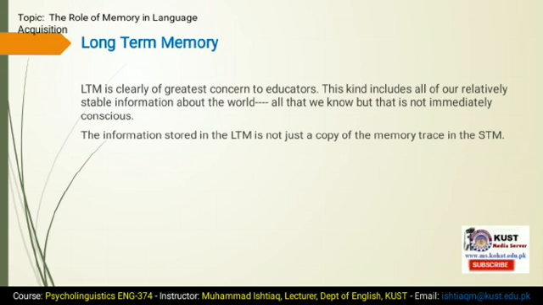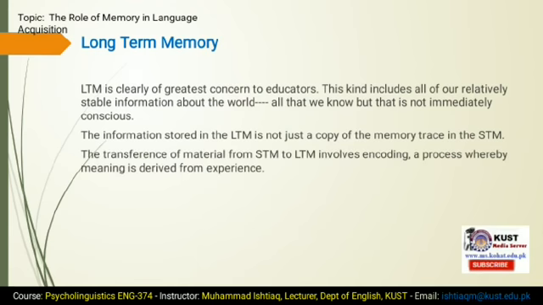When the information is processed into long-term memory, it no longer remains the same as it used to be in short-term memory. It is converted, transposed into concepts and meanings rather than names and words.